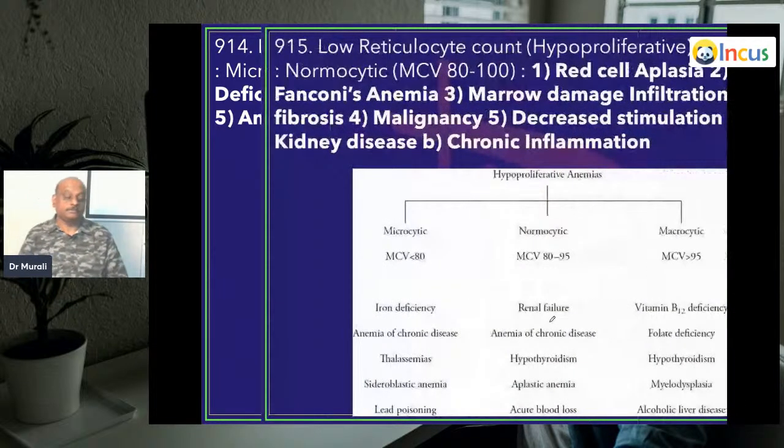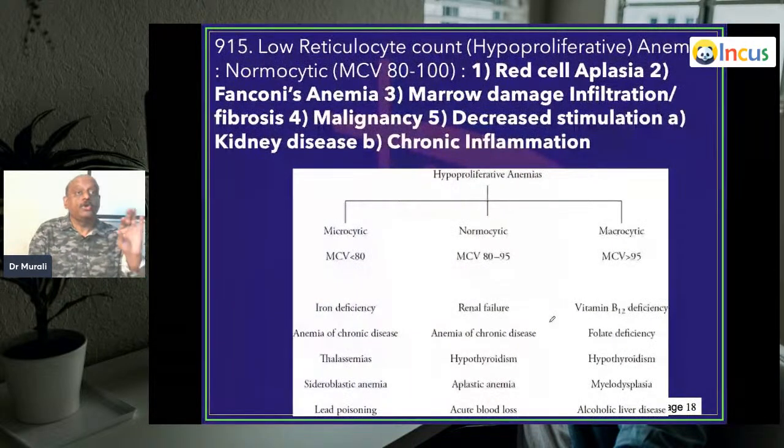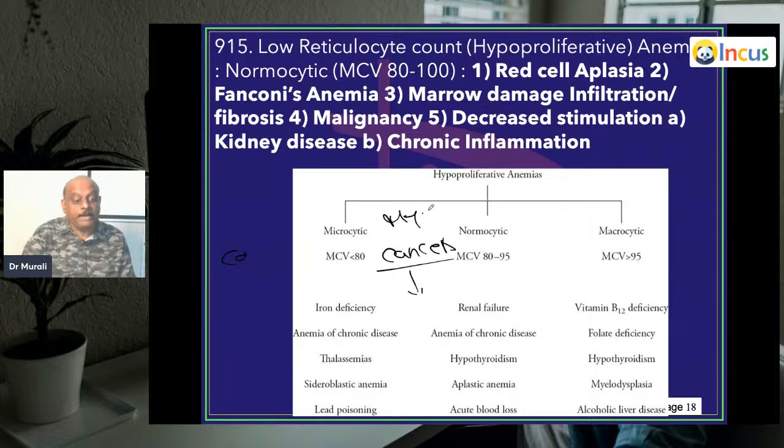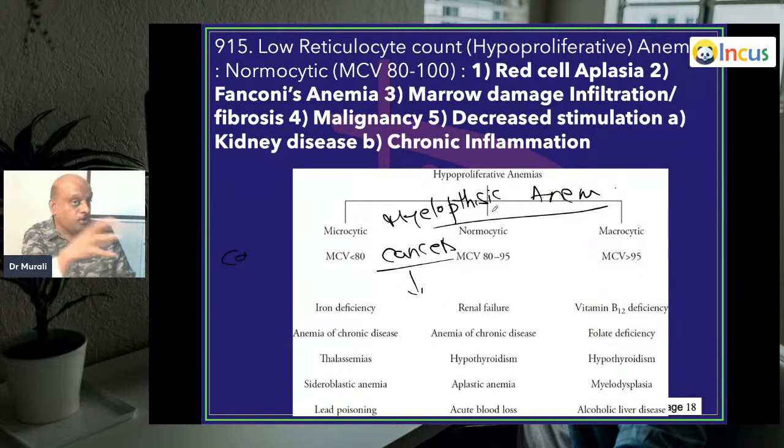Now, doctor, low reti count, normocytic anemia. Already we discussed red cell aplasia, Fanconi's anemia. Some cancers can infiltrate the marrow. Whenever anemia occurs because of cancer infiltrating the marrow, it is called myelophthisic anemia, the name given to any bone marrow infiltrative condition by cancer metastasis to the bone marrow.